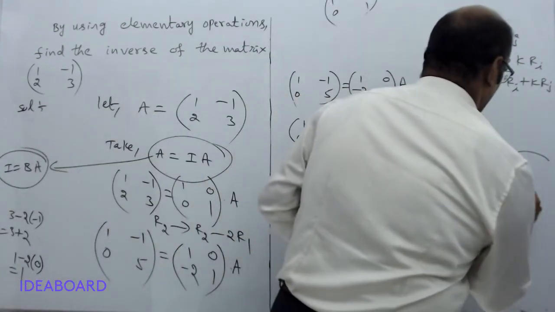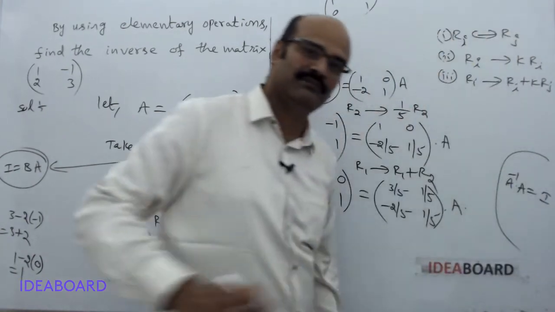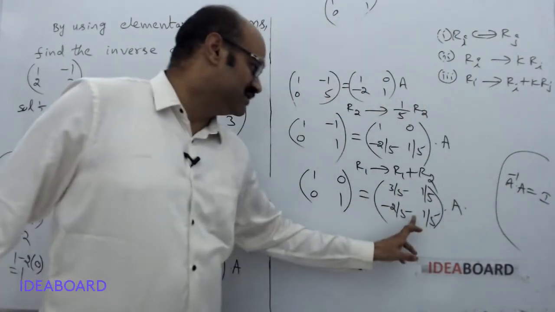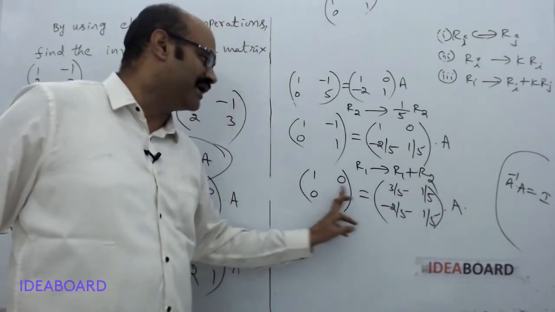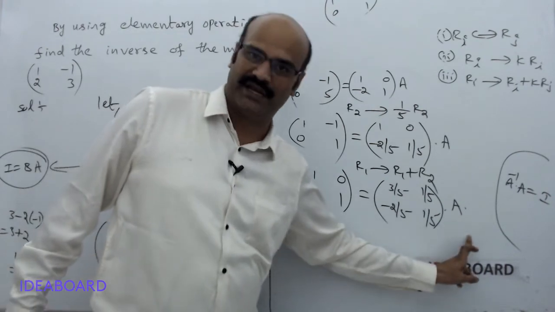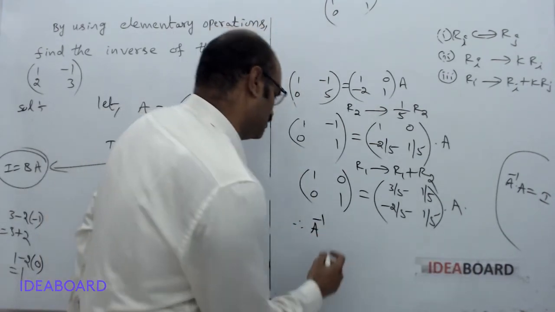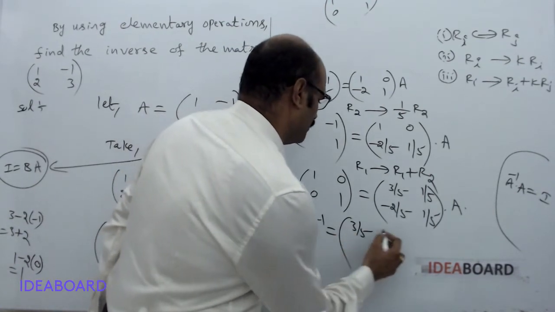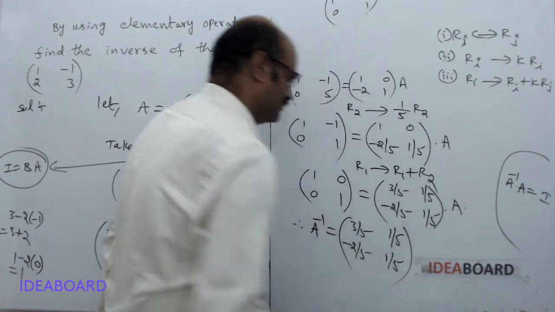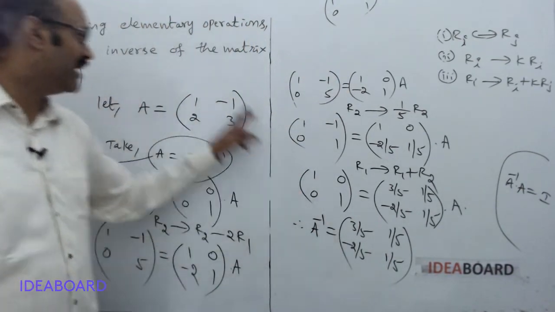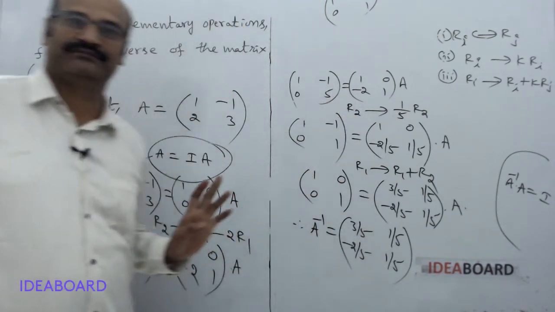We know that A inverse into A equal to I. So since we are getting I equal to A inverse into A, therefore A inverse equal to [3/5, 1/5; -2/5, 1/5]. This is the inverse of the given matrix A by elementary operations.